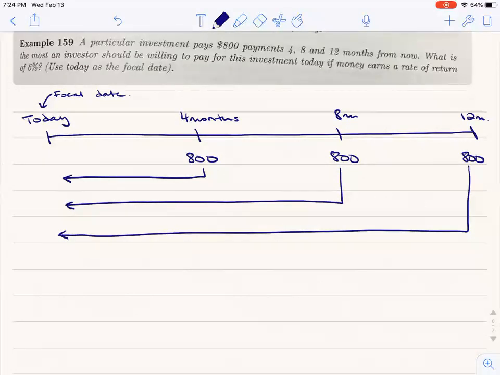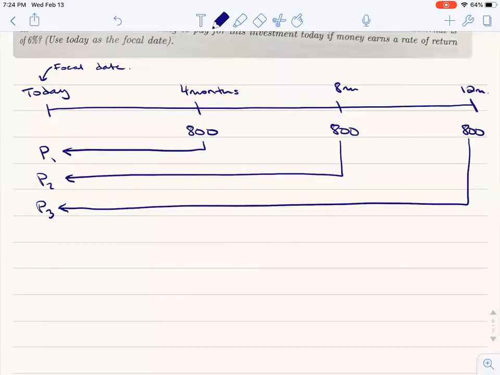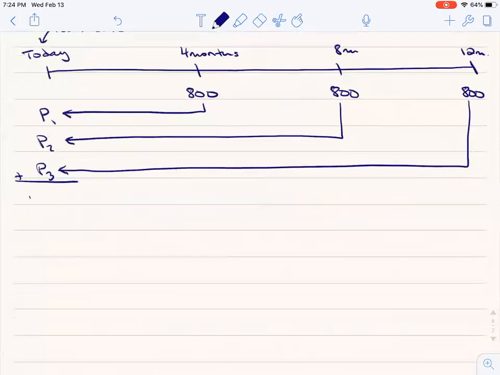These arrows are going backwards, right? So they're going to some present value, P. So we've got P1, P2, and P3, same type of scenario, just kind of finding present values instead of future values. The sum of all these is the total value of the investment today.